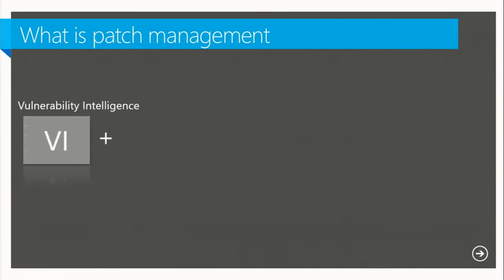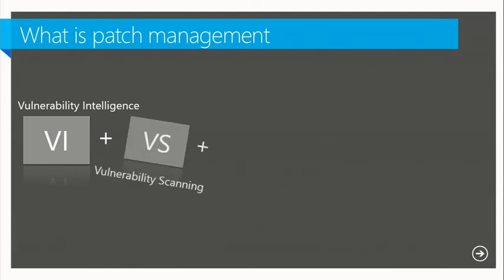To fully understand patch management, we really need to have a solid solution. A solid solution will bring us vulnerability intelligence, meaning instead of guessing, we will actually have a system where we know all the vulnerabilities, we know their criticalities, and we know exactly what we are dealing with.